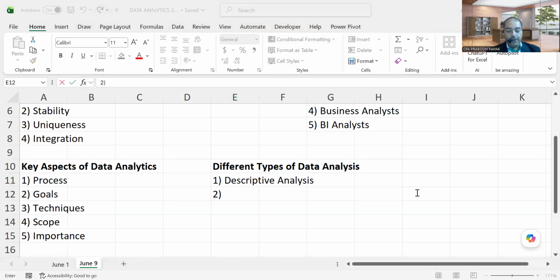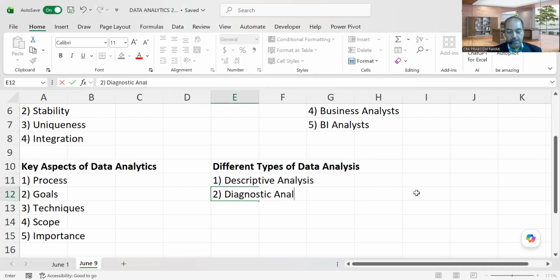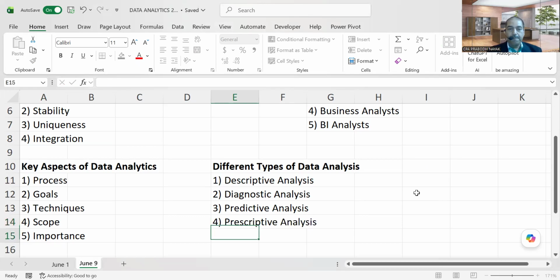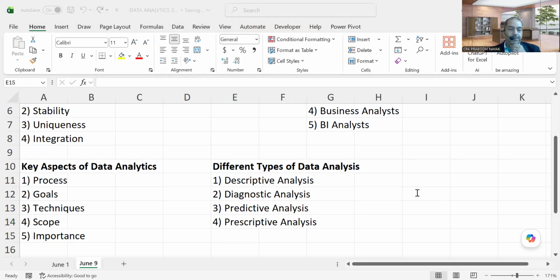Descriptive analysis, second is diagnostic analysis. Third one is predictive analysis. Fourth one, prescriptive analysis. Okay. Four types of data analysis.